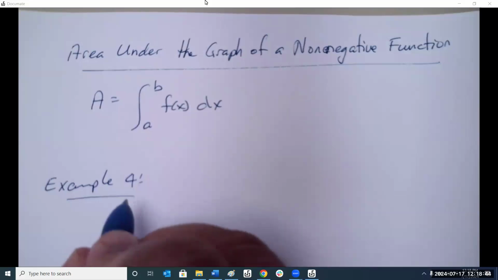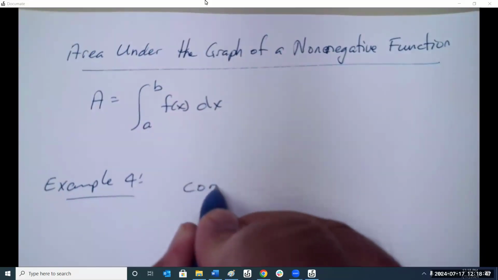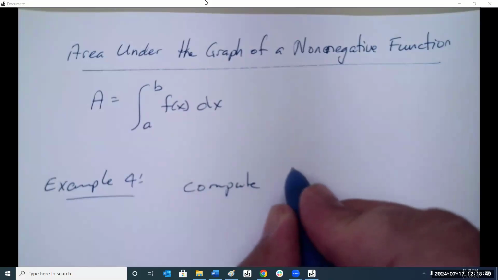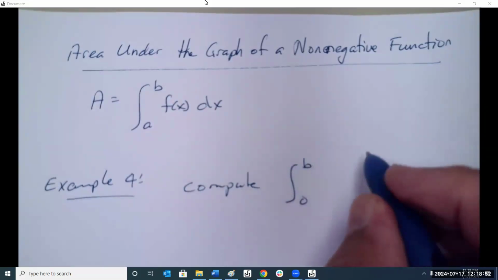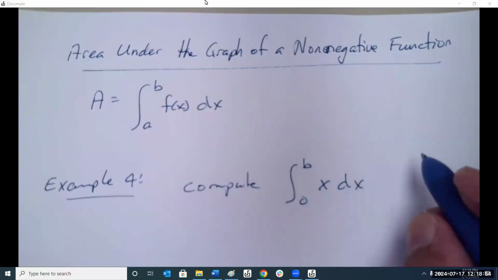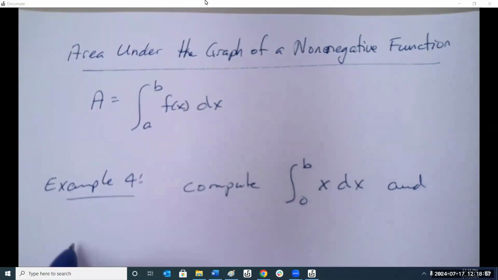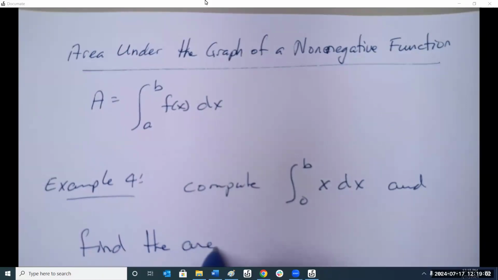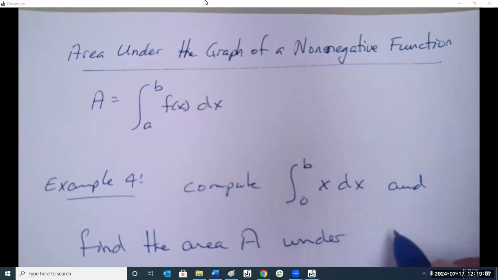Example 4. Compute the integral from 0 to b of x dx and find the area A under the curve y equals x on the closed interval 0 to b, where b is a positive integer.